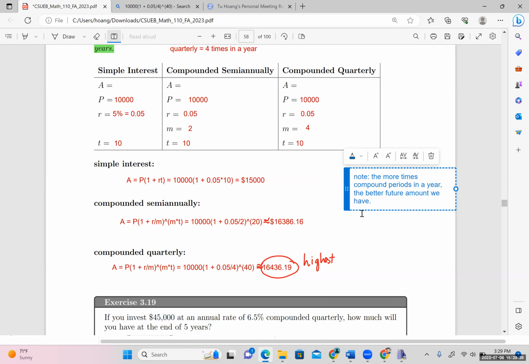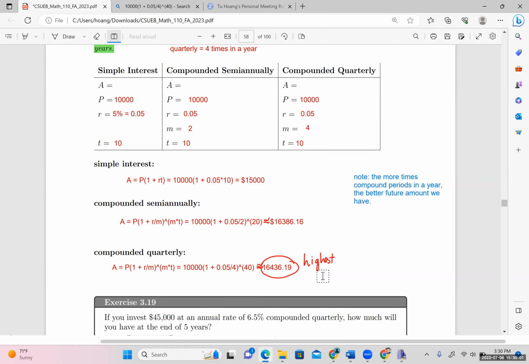If I have something compounded yearly, which means one time a year, the future amount will be less than the one compounded semi-annually.